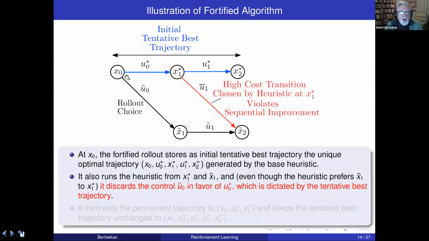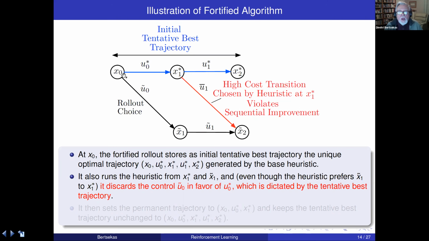So when we run the rollout and run the heuristic from this state and from that state, even though the heuristic prefers x1 tilde to x1 star, the rollout wants to go this way, we discard this choice because it leads to a cost that's inferior to this cost here.